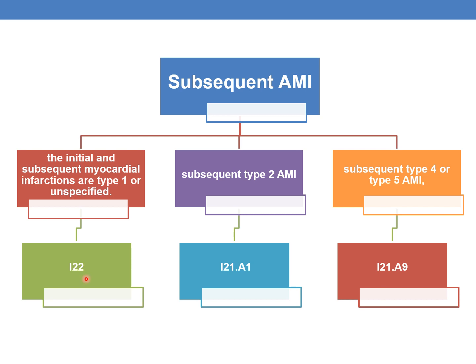I21 and I22 must be used in conjunction. For a subsequent type 2 acute myocardial infarction, the code is I21.A1. And for a subsequent type 4 or type 5 AMI, the code is I21.A9.